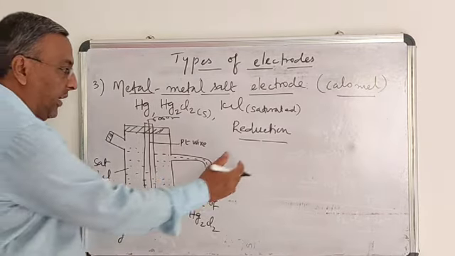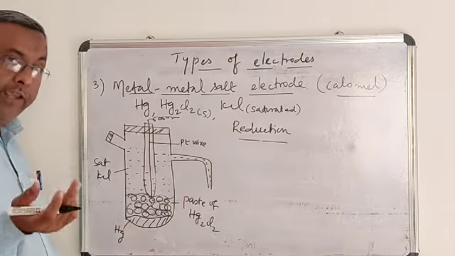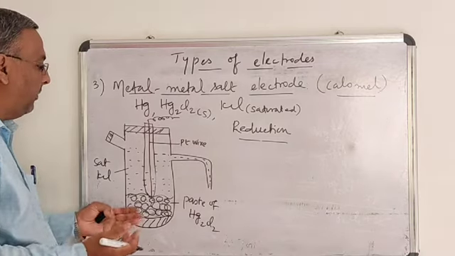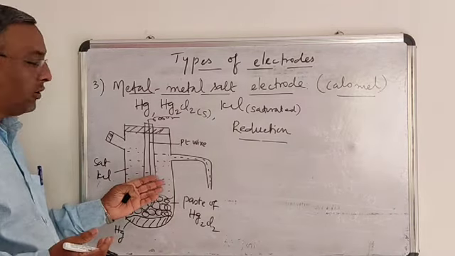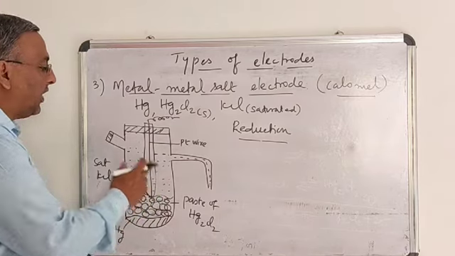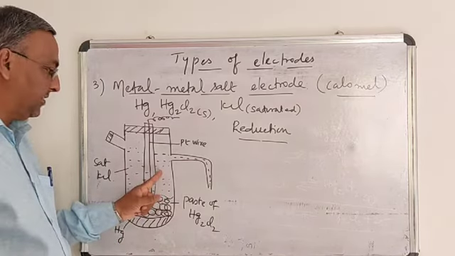What happens? This Hg2 2+ gains 2 electrons, forming the mercurous chloride salt, and automatically the concentration of Cl- ions increases.